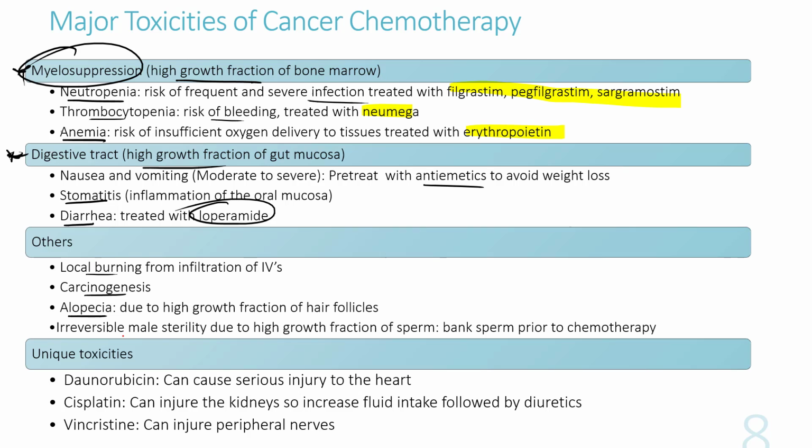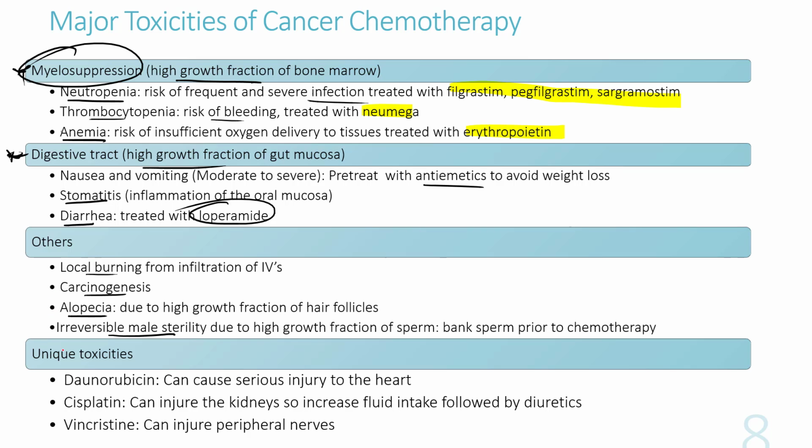And then irreversible male sterility, because sperm in men is made every day, right? That's also a fast-growing cell, and so cancer chemotherapy can adversely affect the cells responsible for production of sperm. One way to overcome this is to bank sperm before chemotherapy is started.